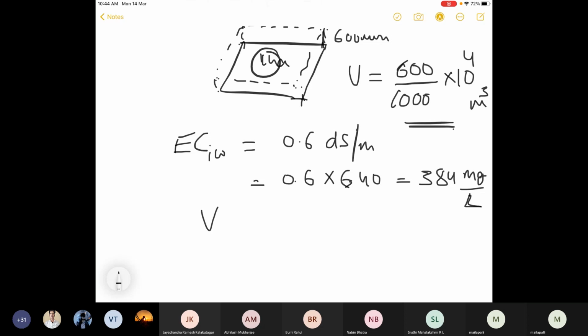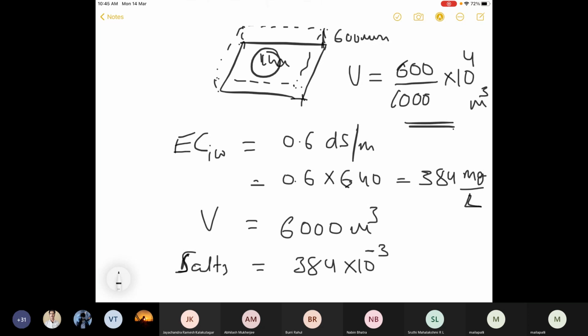So now, let's say the volume will be around 6, so the 2 cancels out, and then 6,000 meter cube. So the amount of salts will be 384 milligram per liter. Then let's convert into kg per meter cube.